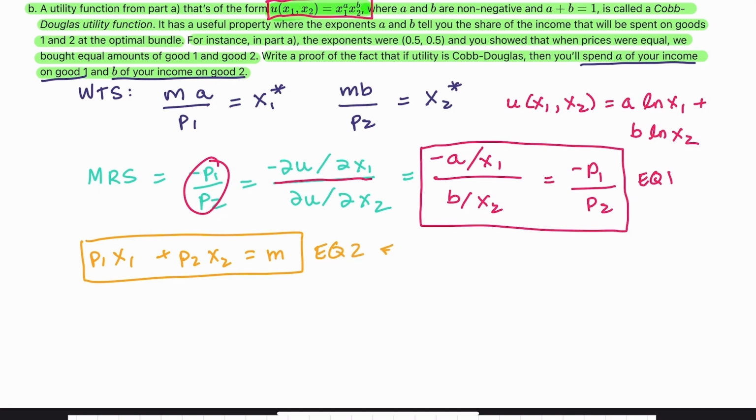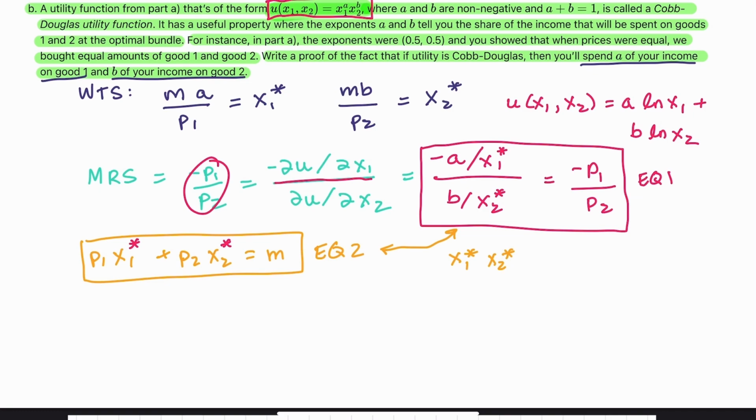And the idea is we want to take our 2 equations and solve for our 2 unknowns, x1 star and x2 star. And by the way, when these equations hold, we're no longer talking about just any amount of good 1 and good 2. We're talking about x1 star amounts of good 1 and x2 star amounts of good 2. So when those equations hold, we can be talking about the optimal bundle.